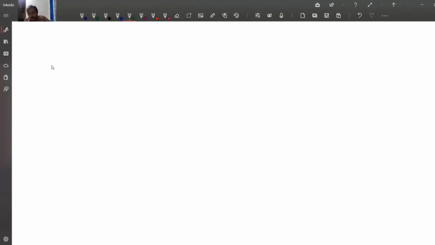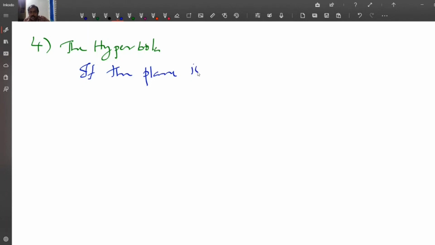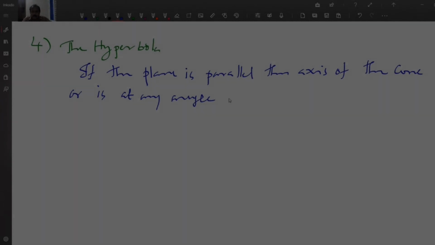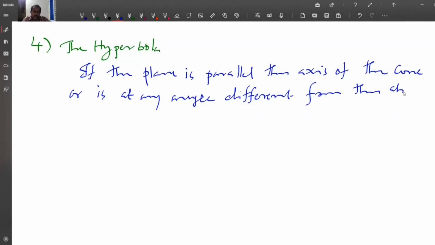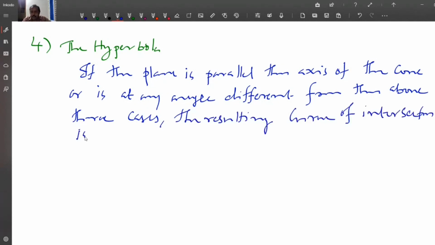Now we discuss case 4, the hyperbola. If the plane is parallel to the axis of the cone or is at any angle different from the above three cases, the resulting curve of intersection is a hyperbola.